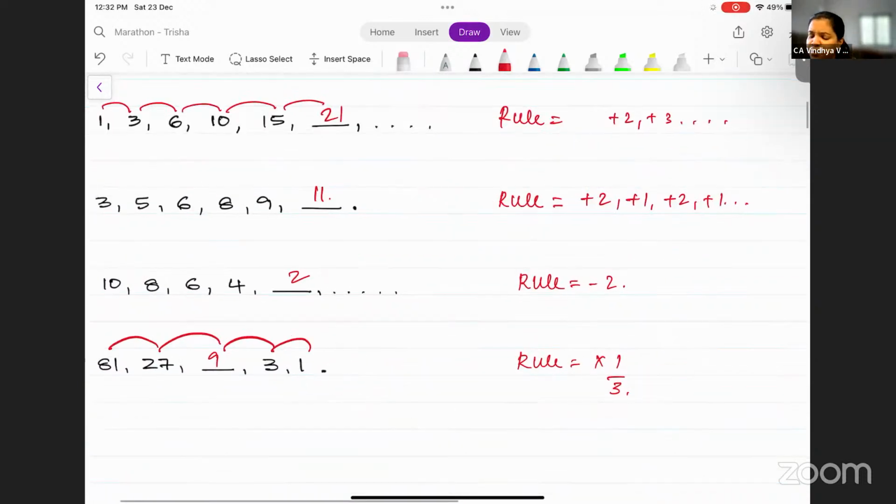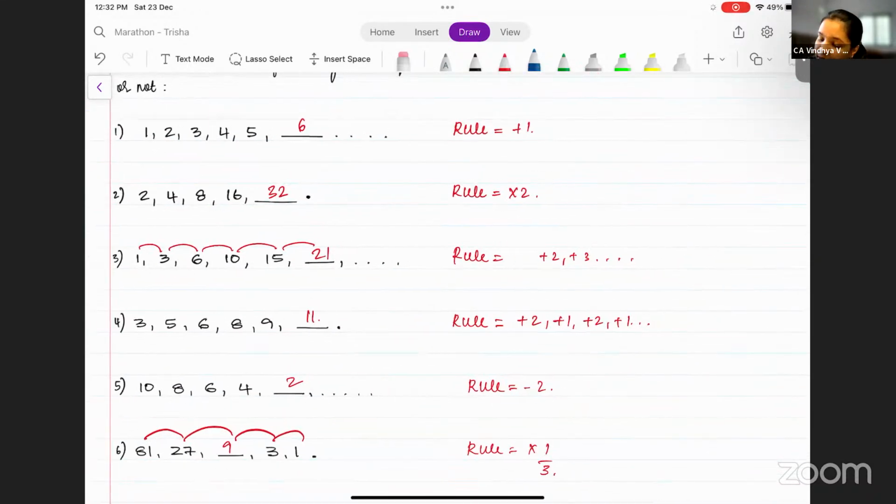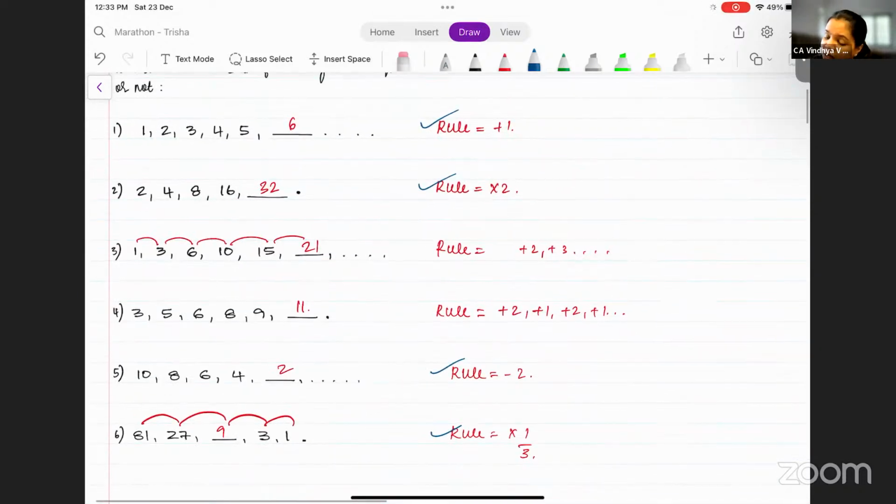Okay. What do we need to understand from here? If I say that this is a sequence, this is a sequence, this is a sequence, this is a sequence, what do you take from here? If you clearly observe, all those examples that I've considered as sequence have only one rule.